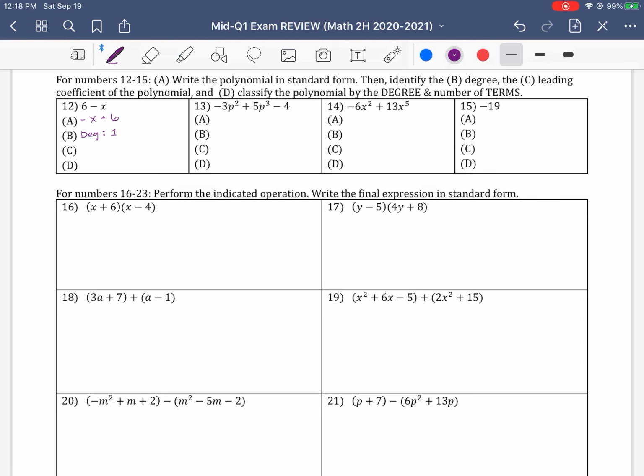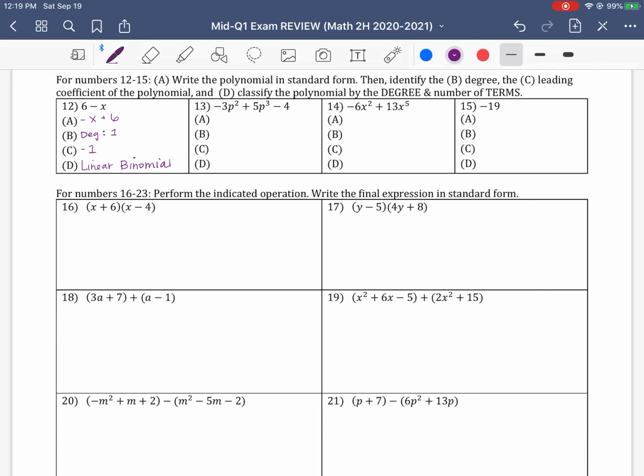And our leading coefficient is the number that is leading the polynomial. So even though we don't write a negative 1, that negative essentially represents a negative 1 there. Again, it's the coefficient, so not the variable part. This one is a degree of 1, which means it's linear. And there's only 2 terms, so we're going to call it binomial. So this would be a linear binomial.